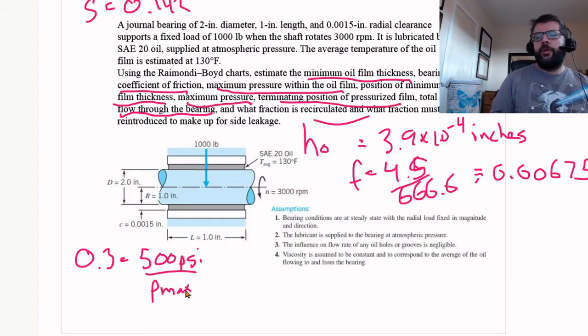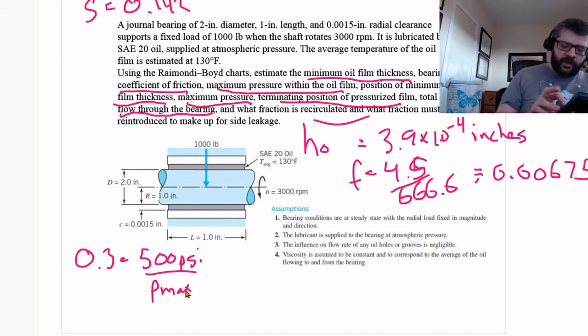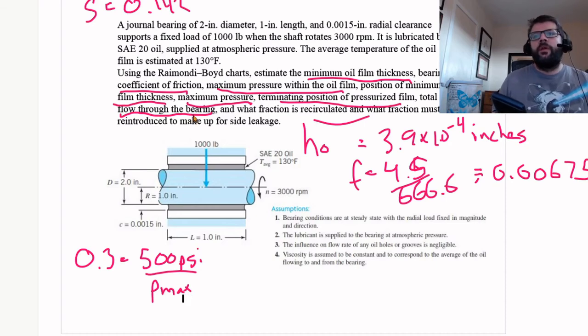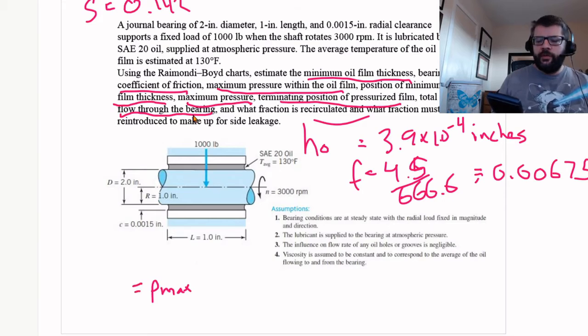Solving for Pmax, we just multiply out the Pmax and divide by the 0.3. That gives us a Pmax of 500 divided by 0.3, which is 1.66 KSI.